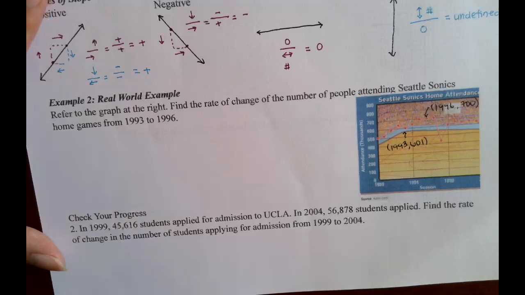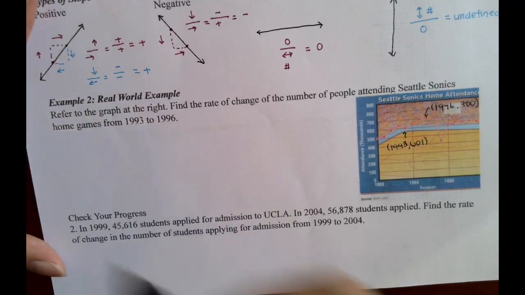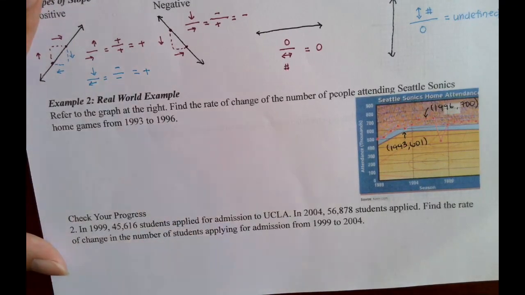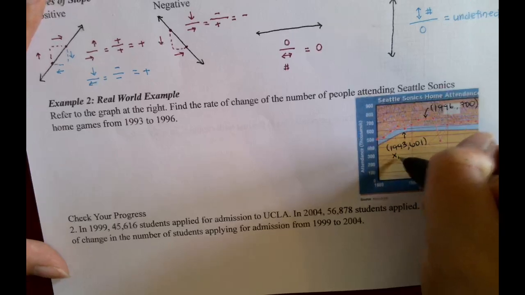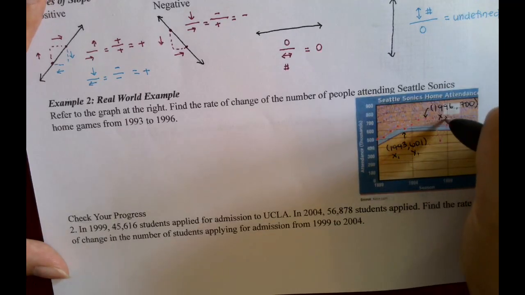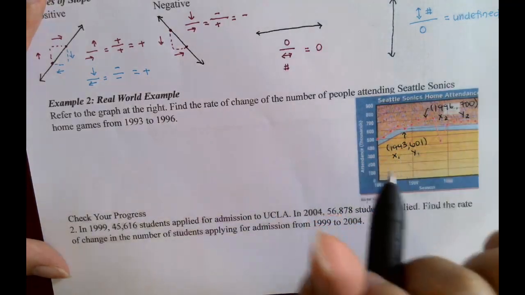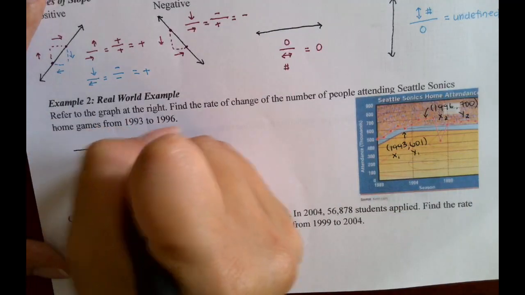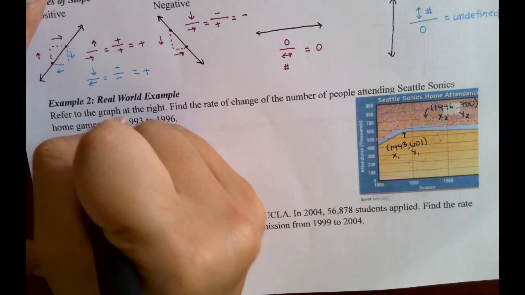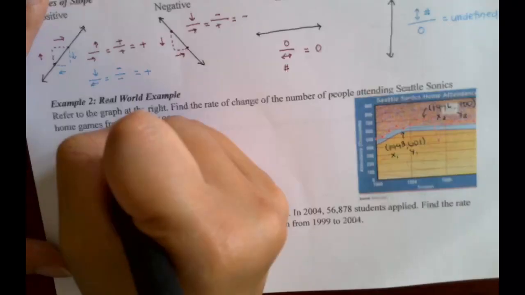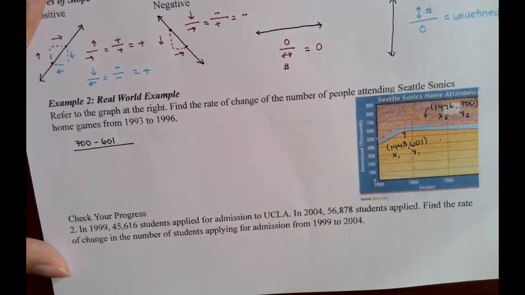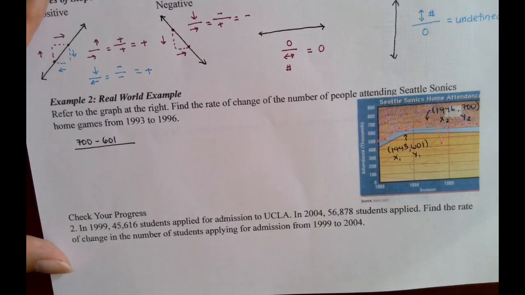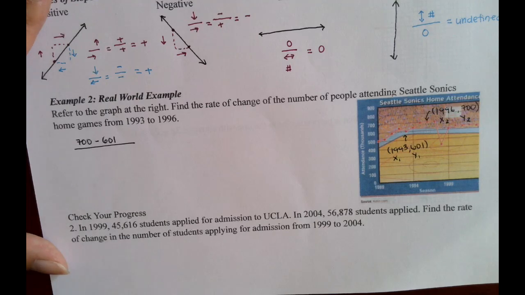Rate of change is just a fancy way of saying the slope. So you're just going to assign one point to be x1, y1, the other to be x2, y2, and then plug it in. So y2 is 700 minus y1, which is 601. Again, how were you supposed to know it was exactly 601 versus 602 or 600 from the graph?